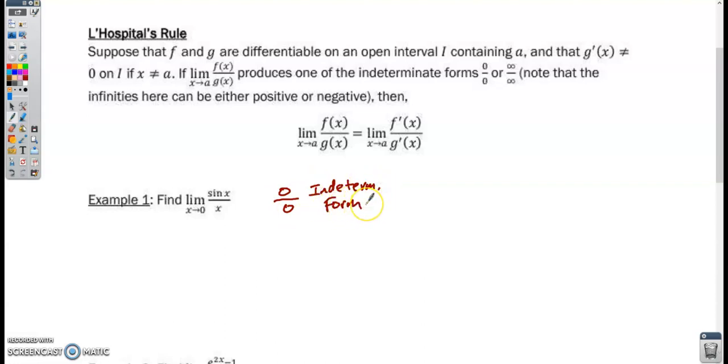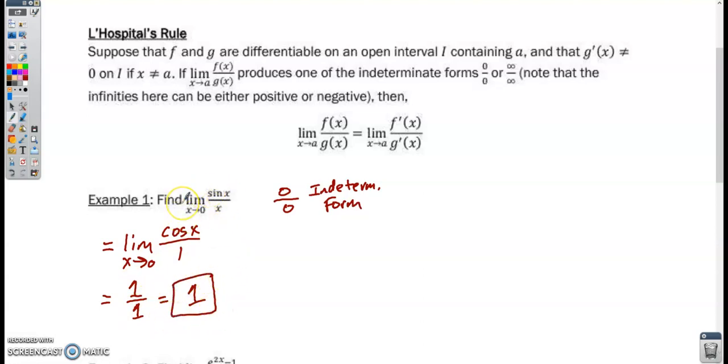So I'm going to now apply L'Hospital's Rule, and this will be equal to the limit as x goes to 0 of the derivative of sine of x over the derivative of x, which is 1. And now this is a limit that I can find using substitution. I substitute 0 in, the cosine of 0 is 1, and so this is 1 over 1, and this limit is just 1. But you should have already known that as soon as you saw that limit there.